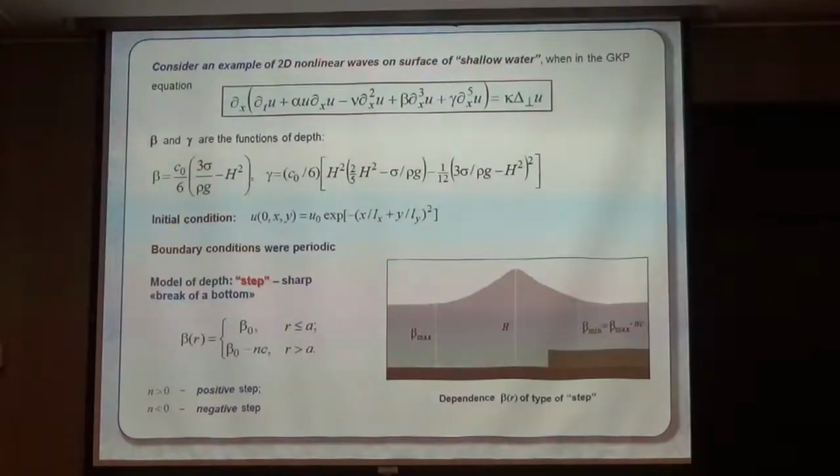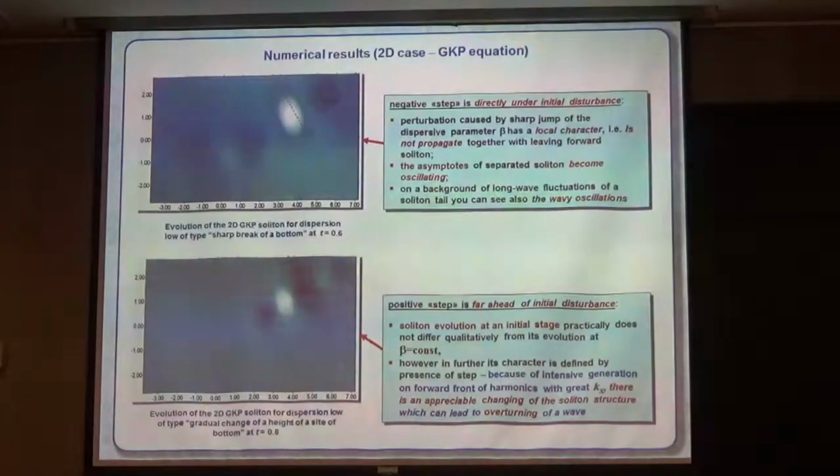Here you can see our numerical results. In the first case, when a negative step takes place directly under the initial disturbance, we observe that the perturbation caused by the sharp jump of the dispersive parameter beta has a local character, i.e. it does not propagate together with the leading forward soliton.